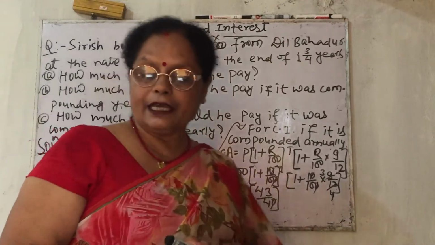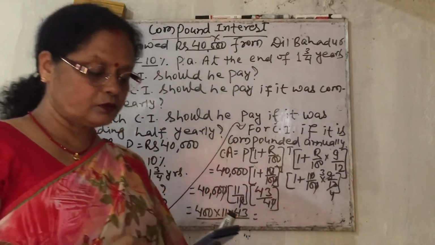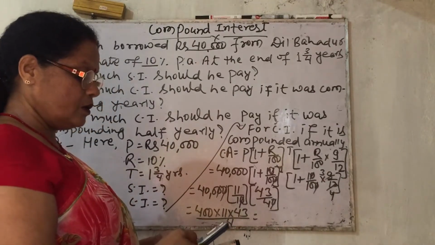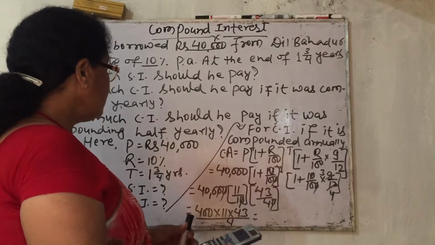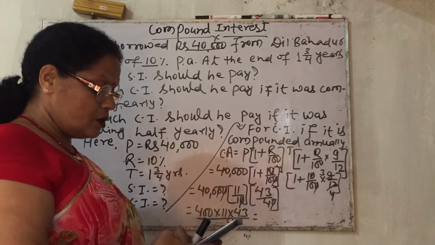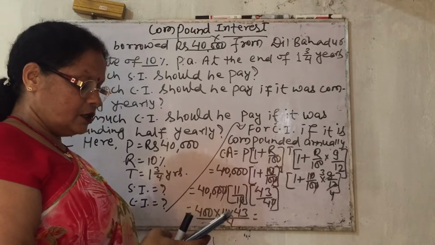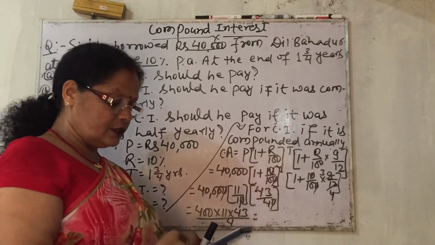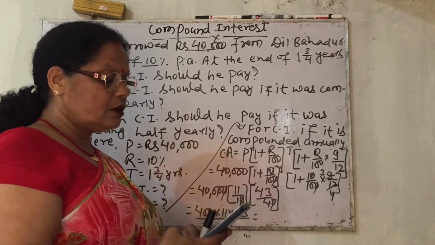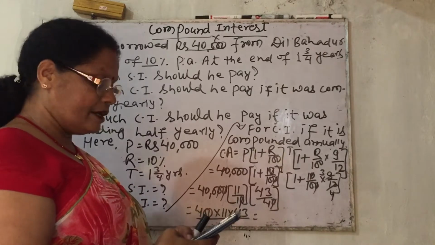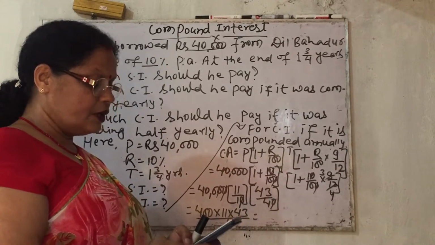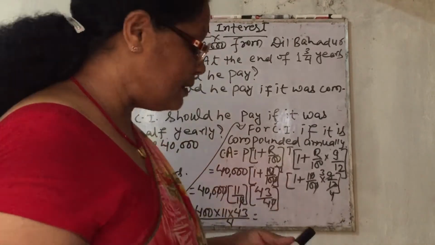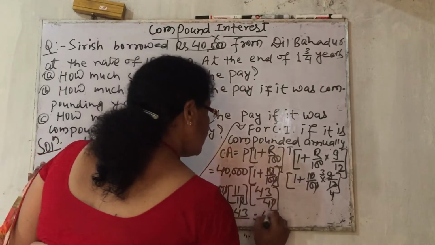After multiplying and dividing, it will come 400 into 11 into 43 equal to this much, then divided by 4 equal to 47,300. 47,300 came here.